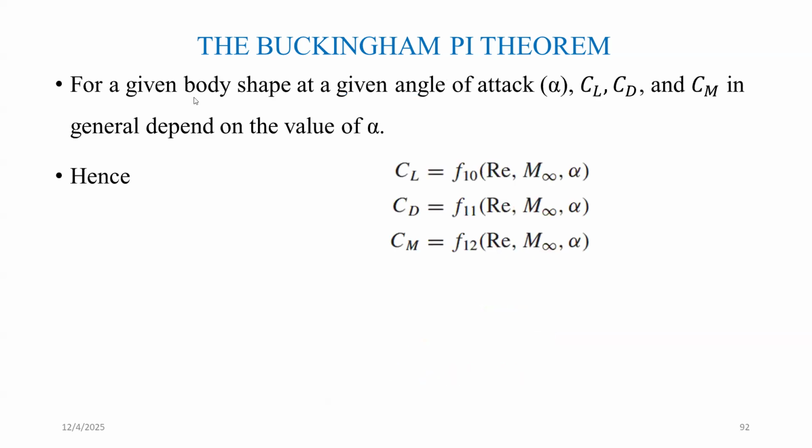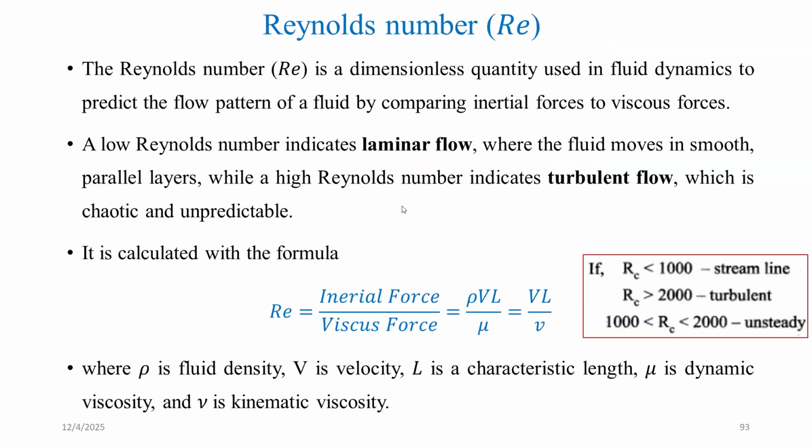For a given shape at a given angle of attack, the lift, drag, and coefficient of moment are generally dependent on Reynolds number, Mach number, and angle of attack. For a given angle of attack, they are a function of these three quantities, in addition to the previously stated 5 variables. So these all affect the total resultant load.